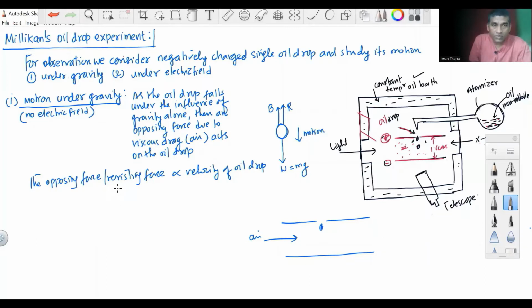Let us denote the opposing force by symbol R. This is proportional to the velocity of the oil drop. So we can write R equals some constant, and let the constant be K, times V. Let's call it equation number 1, where K is the constant of proportionality.